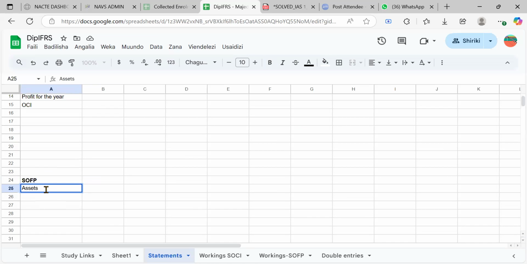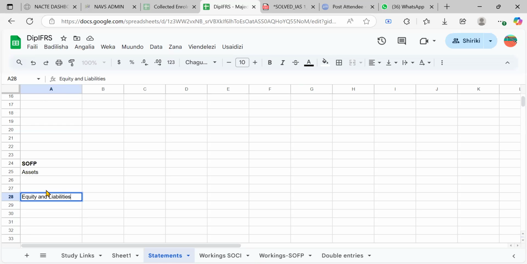We have the asset first, and then the equity and liabilities. These are just the headings.